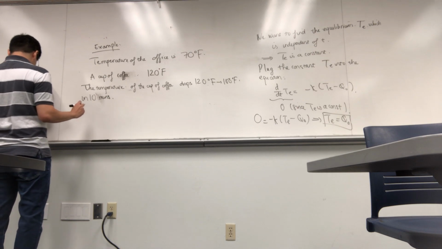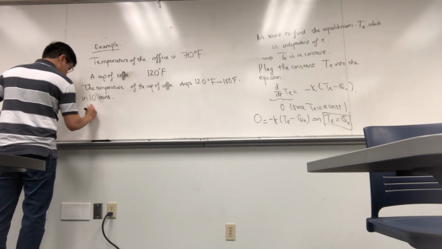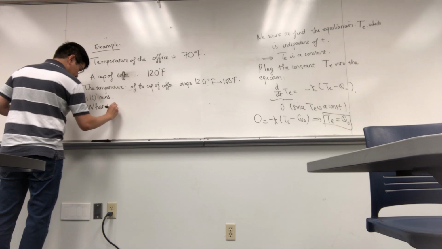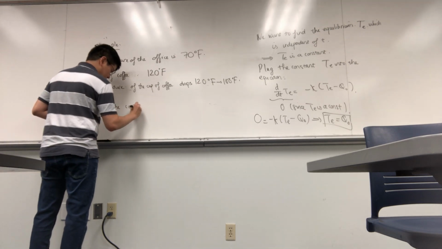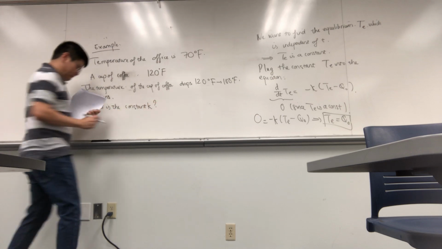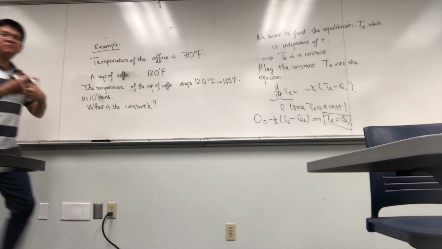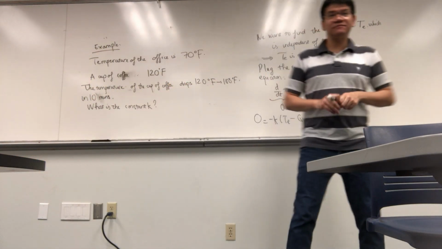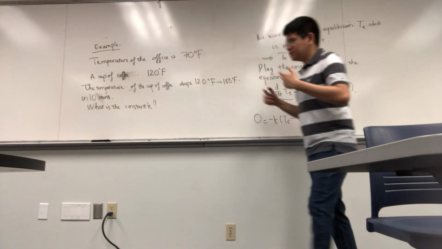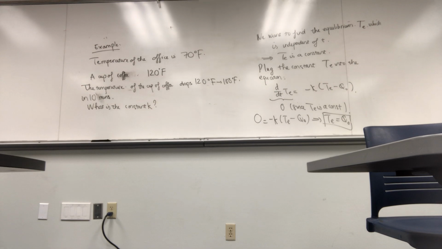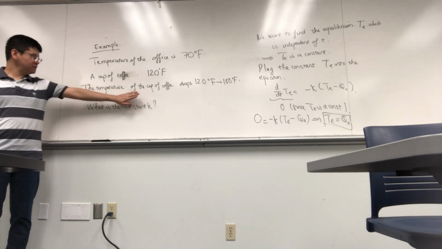So what is the constant k? Let's see. The temperature inside this office is 70 F, and we have a cup of coffee whose temperature is 120 F. Now this temperature is dropping very fast.